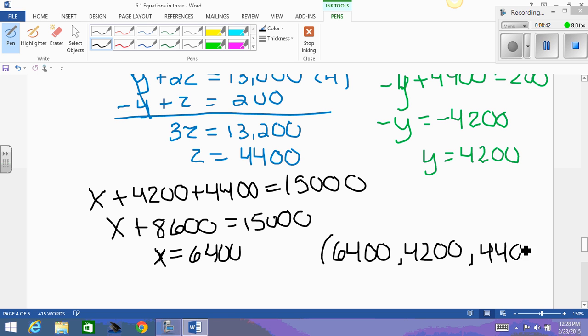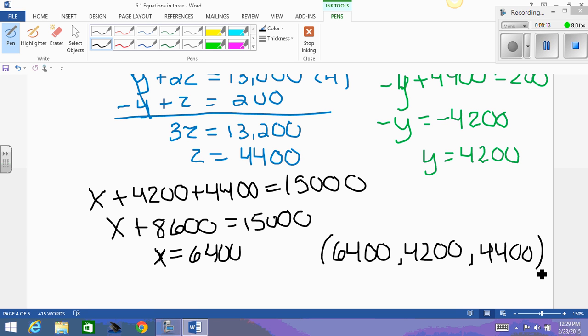So what does that actually mean? It means that 6,400 was invested in the money market, 4,200 was invested in the bonds, and 4,400 in the mutual fund. Okay.